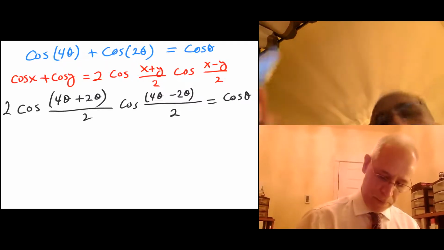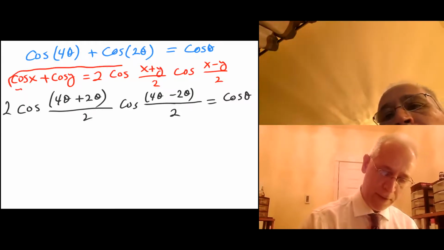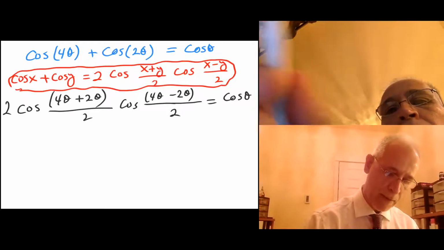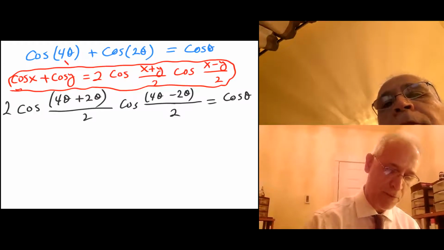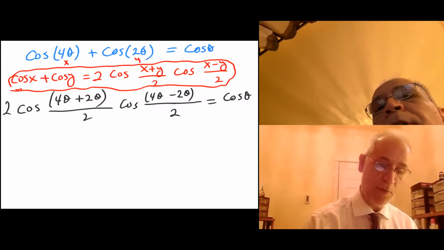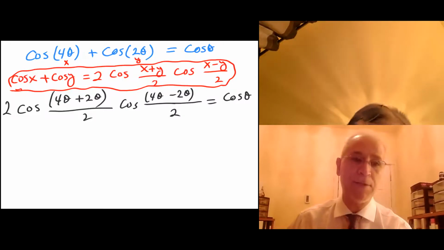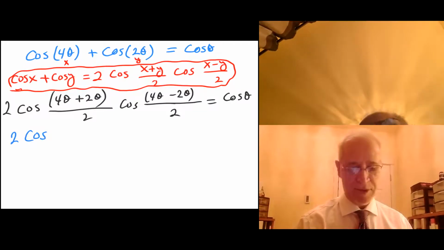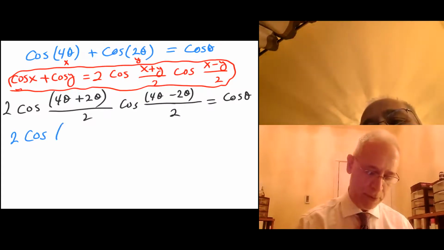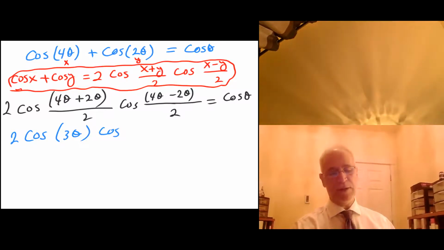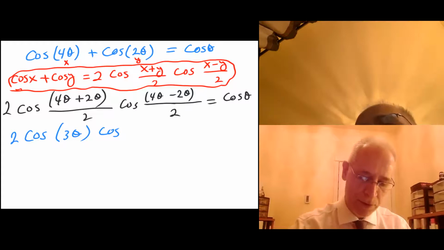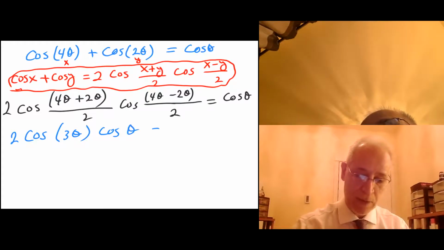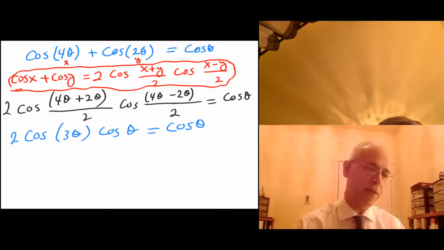Okay, so I use this formula right here. So 4 theta was my x, 2 theta was my y. Now let's simplify this. I have twice cosine of 6 theta over 2, so that's 3 theta, times cosine of (4 theta minus 2 theta) over 2, which is simply theta, equals cosine of theta.